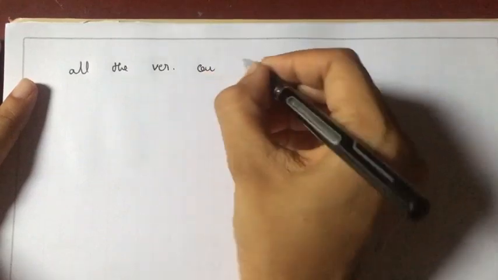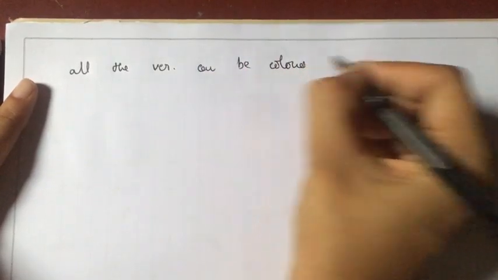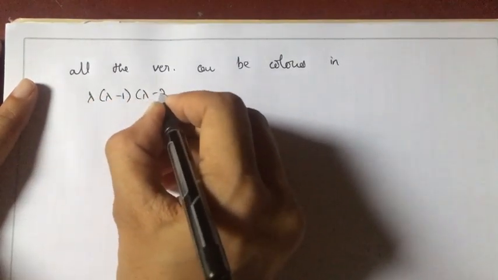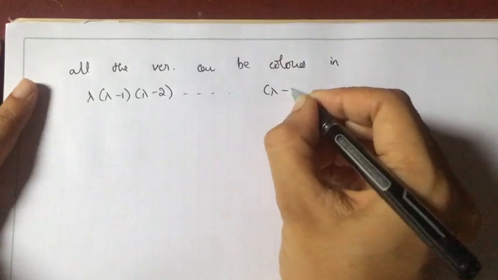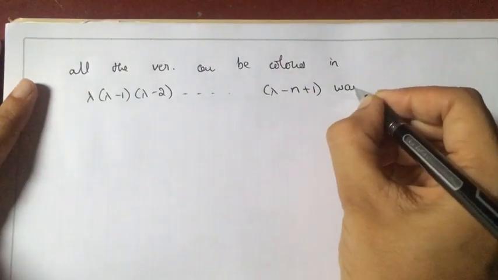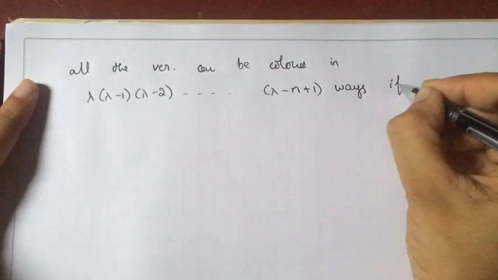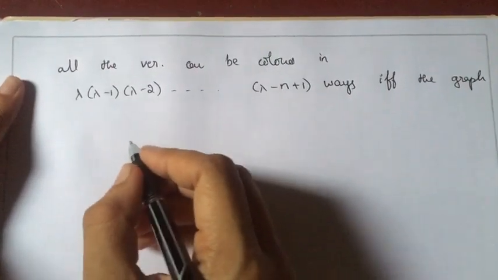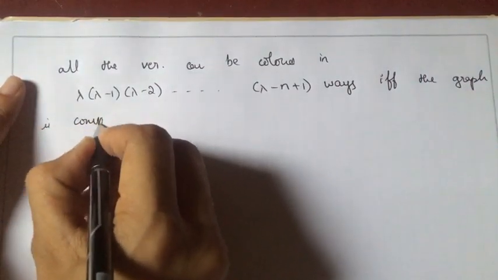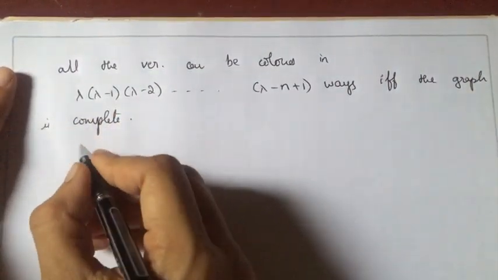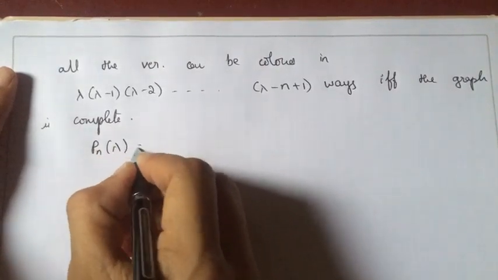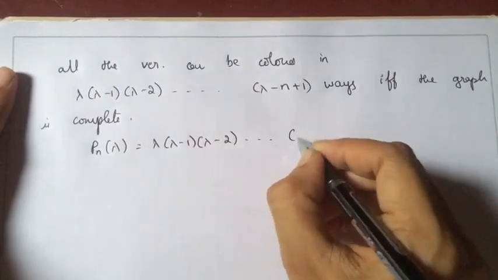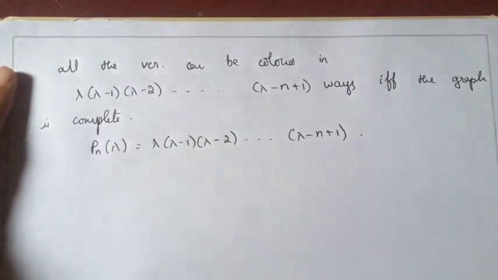So the chromatic polynomial will be lambda into lambda minus 1 into lambda minus 2 up to lambda minus n plus 1.